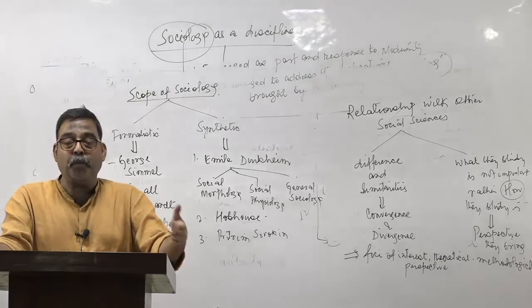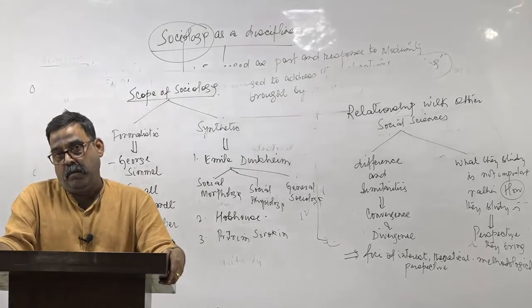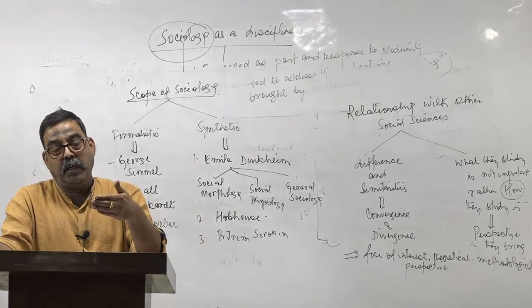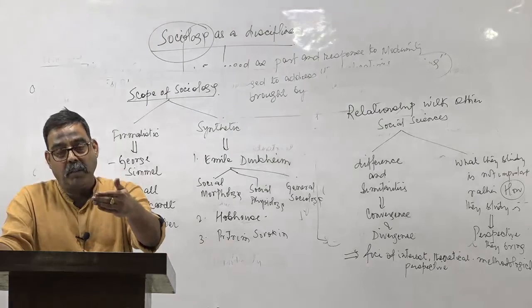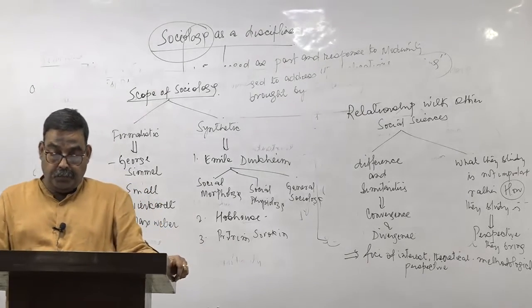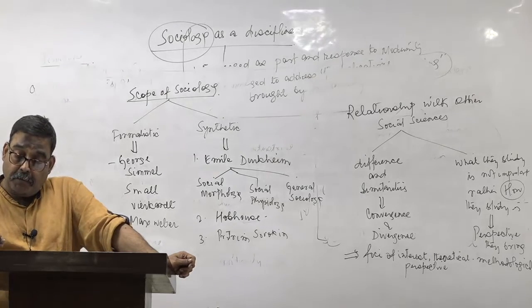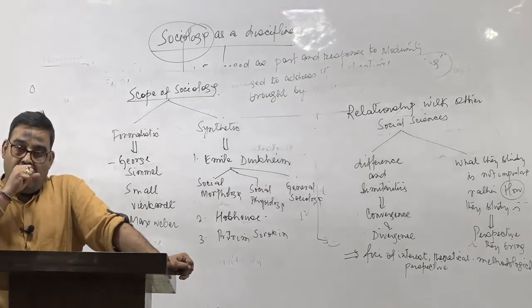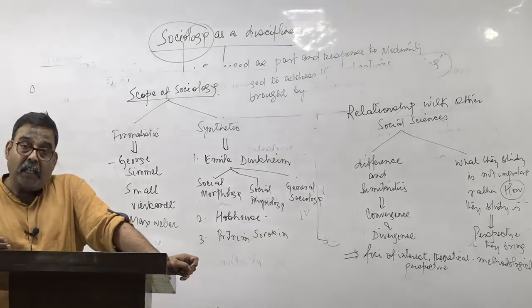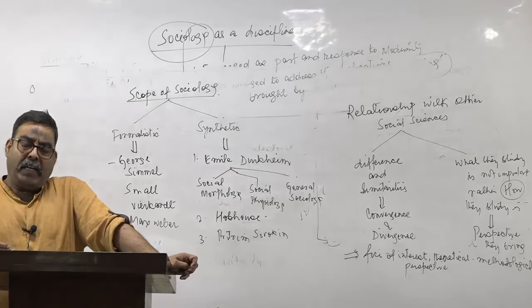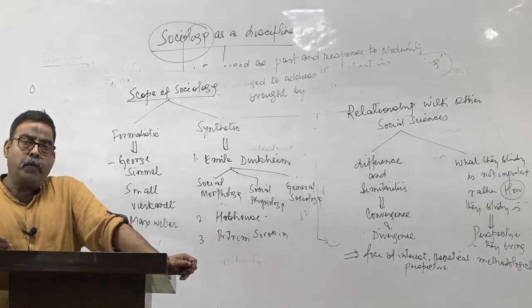The critical distance will make them look at things in a more critical, more rational, more scientific manner. And when you look at anything from a distance, through critical thinking, it will also make us move away from taken-for-granted reality.